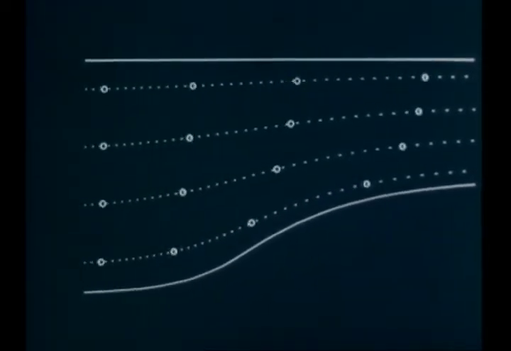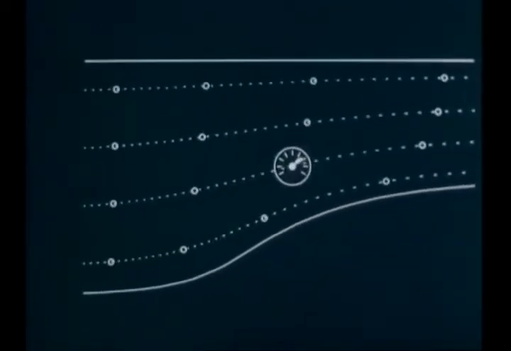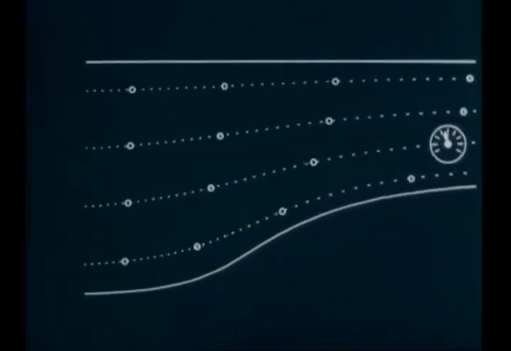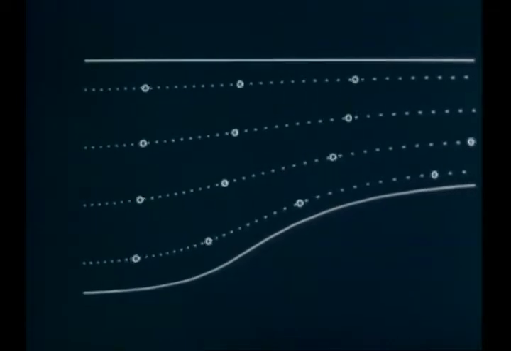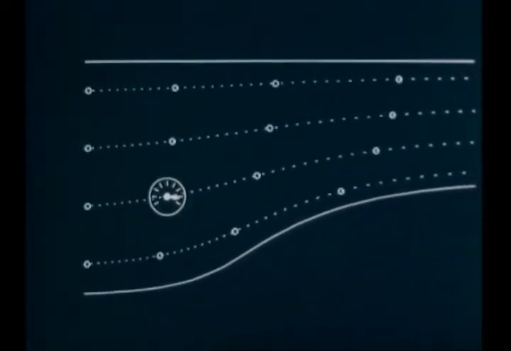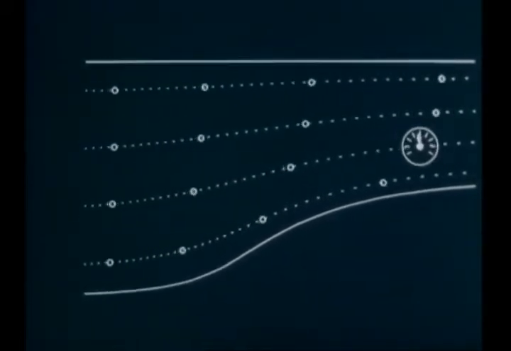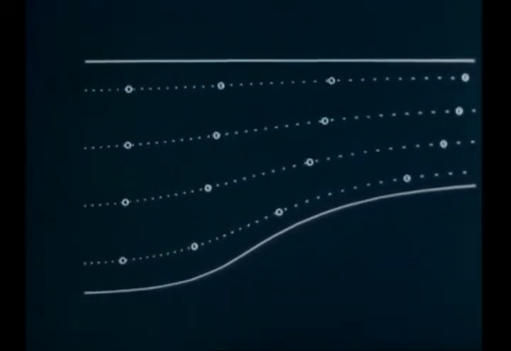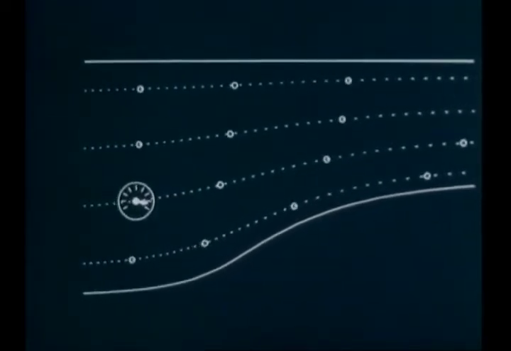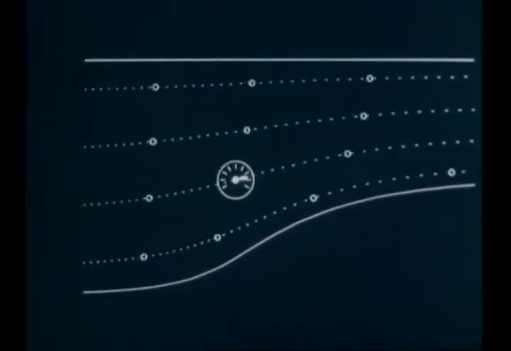We can imagine attaching an instrument, like a pressure gauge, to a moving point to make what we might call a Lagrangian measurement. This sort of thing is attempted in the atmosphere with balloons of neutral buoyancy.